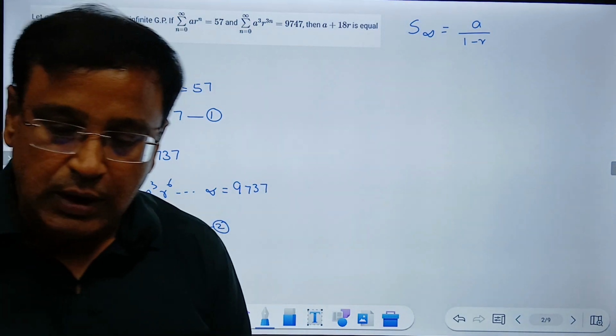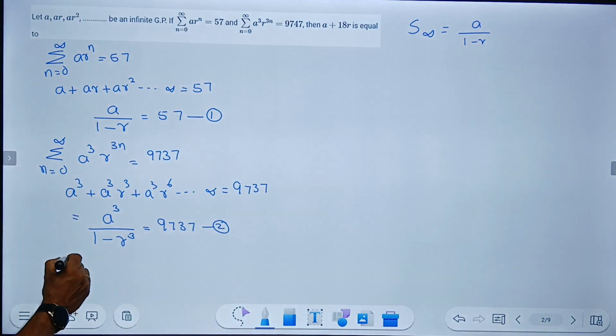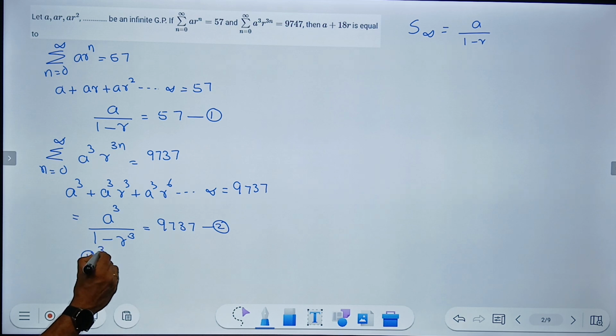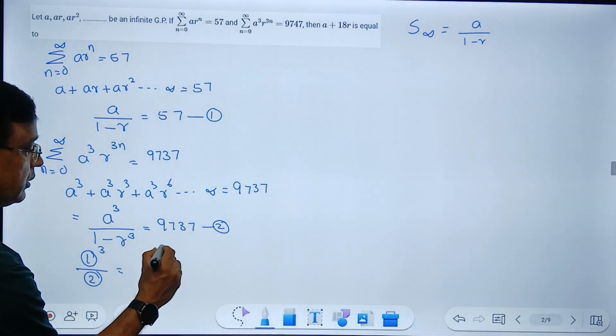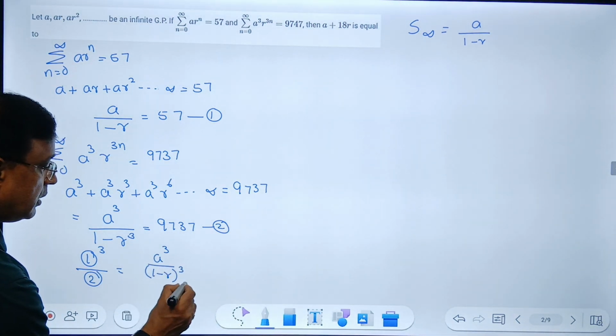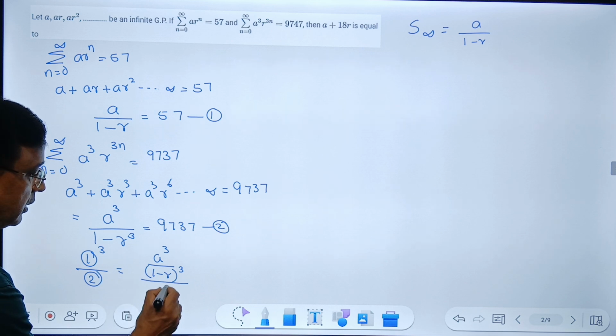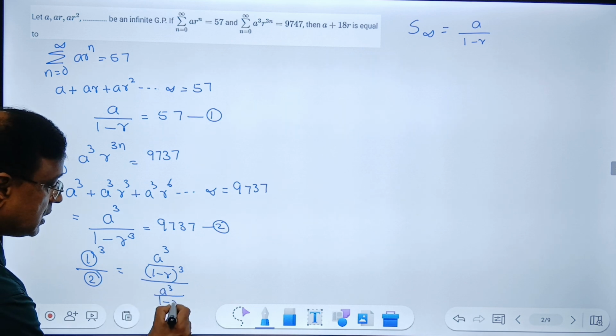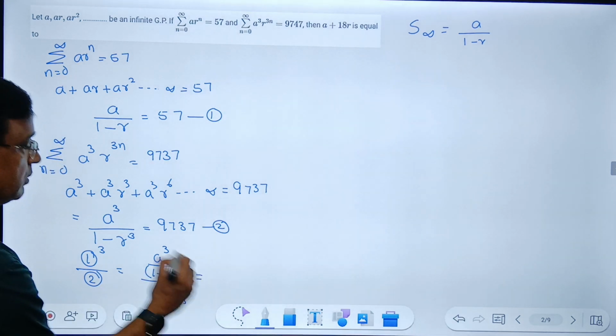Now what I will do, I will cube the first equation and divide it by the second equation. When I cube the first equation, I will get A cube by 1 minus R the whole cube divided by A cube by 1 minus R cube. What is that equal to?